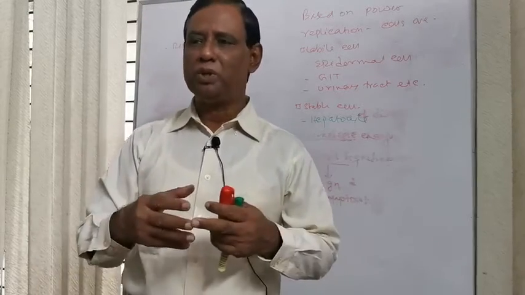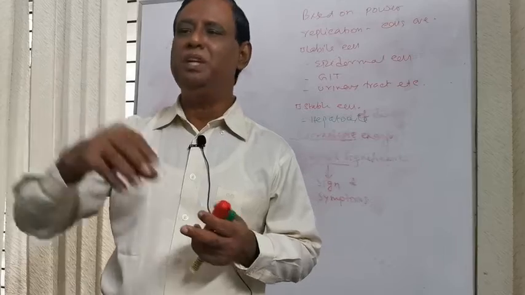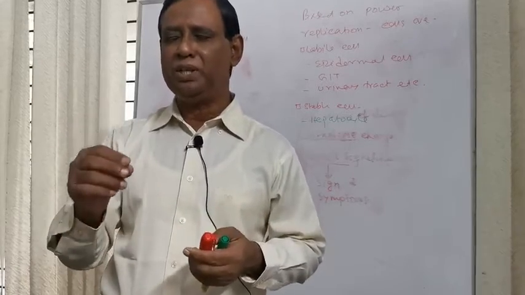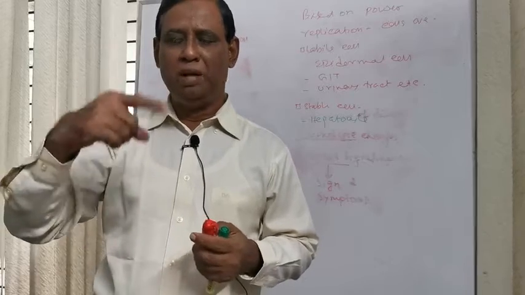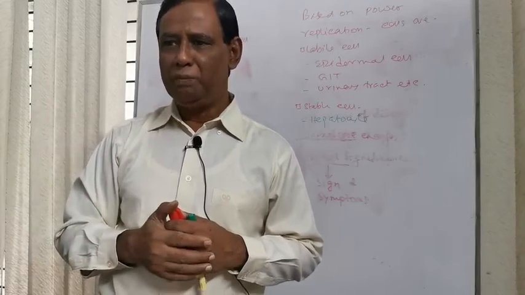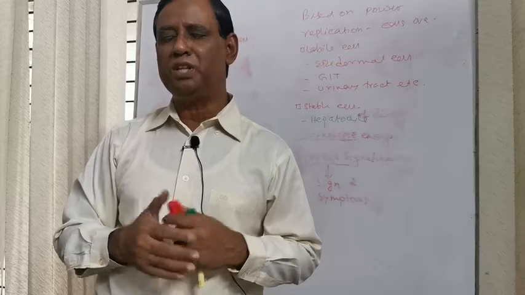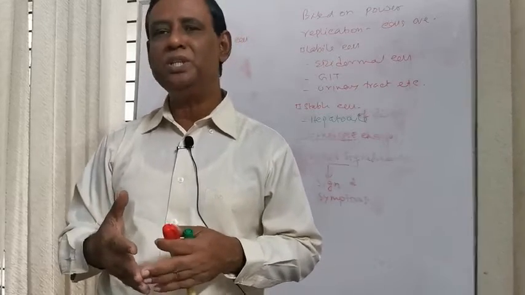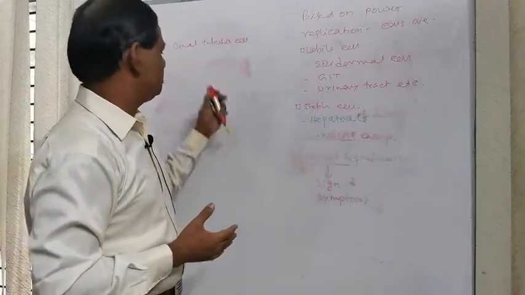The lost hepatocytes make a gap within the liver. The necrosis is the stimulation for the multiplication of the remaining hepatocytes. The hepatocytes from the reserved cells undergo multiplication and ultimately the gap is filled. So these are examples of stable cells.